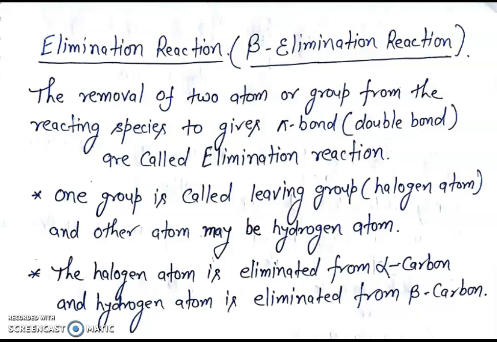One group is called the leaving group, that is the halogen atom, and the other atom may be a hydrogen atom. The halogen atom is eliminated from the alpha carbon and the hydrogen atom is eliminated from the beta carbon.